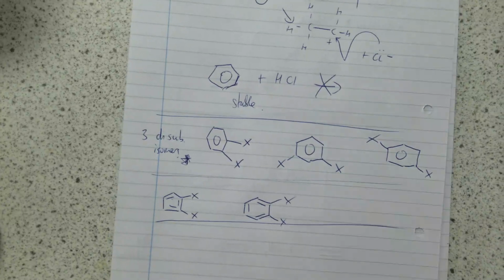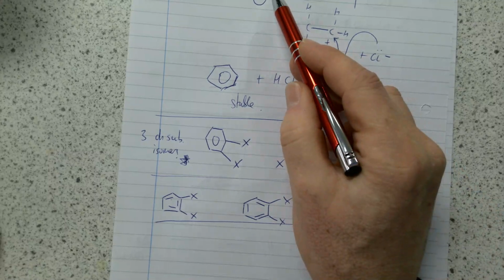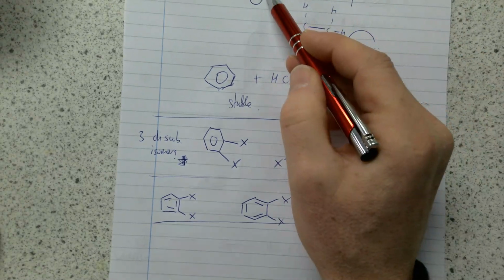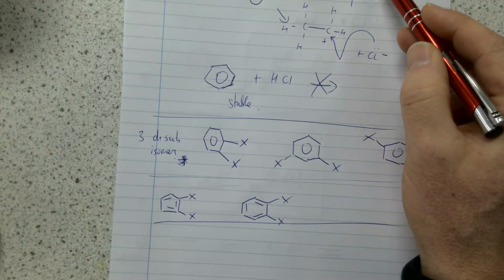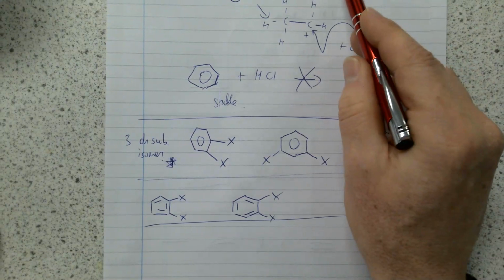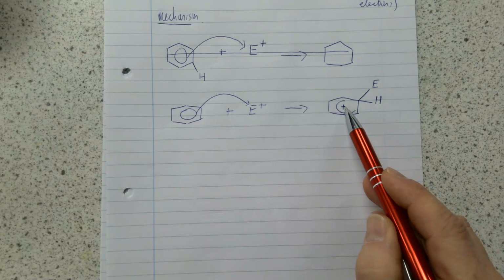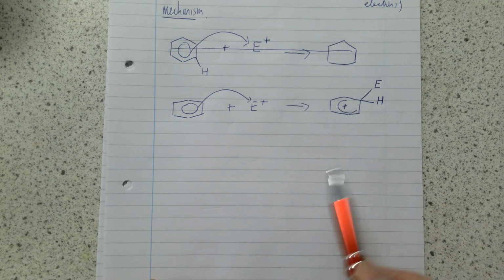Rather than it being an addition reaction, like you had before, where the negative charge thing that spat out combines with that carbocation to form an adduct, an addition product, that would break aromaticity.